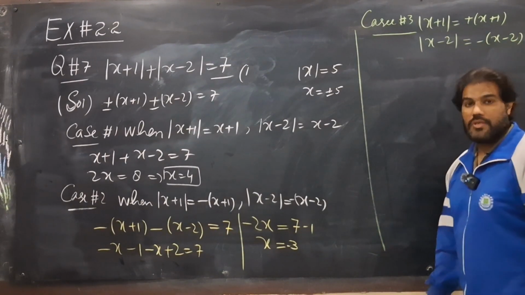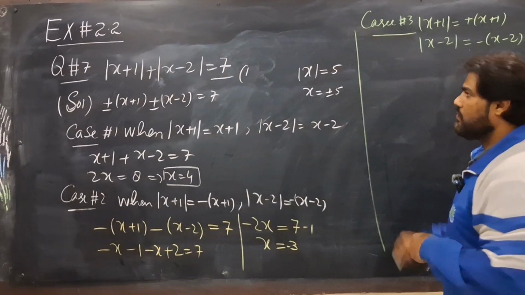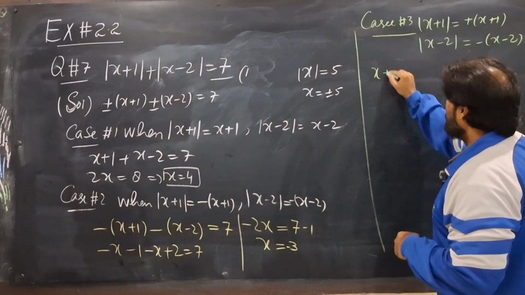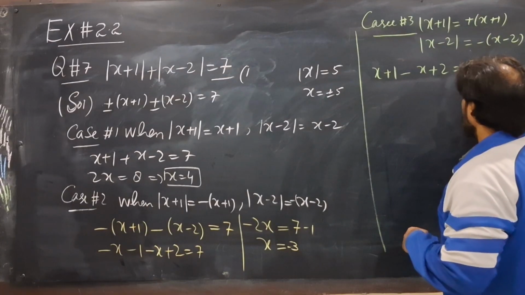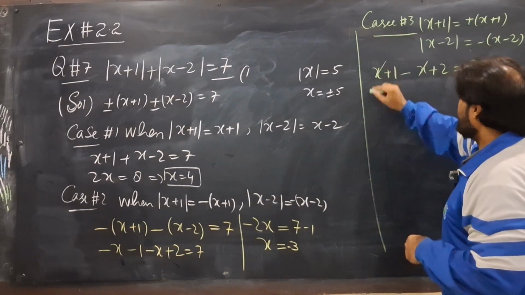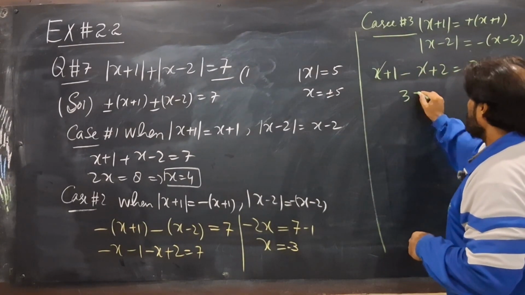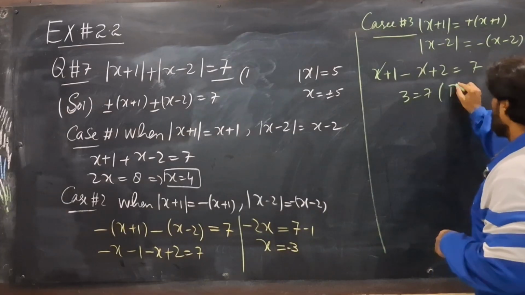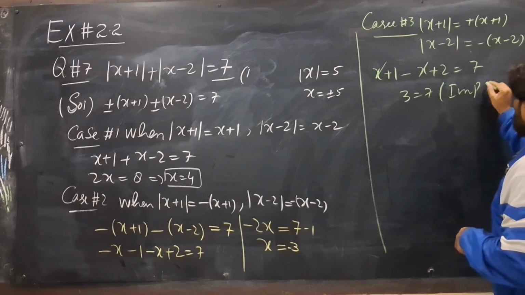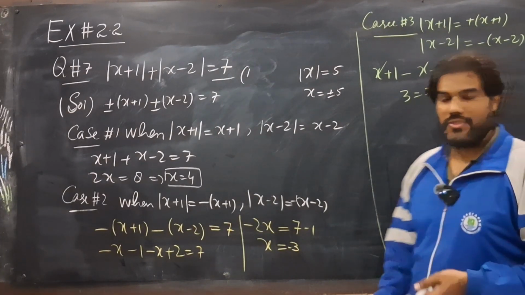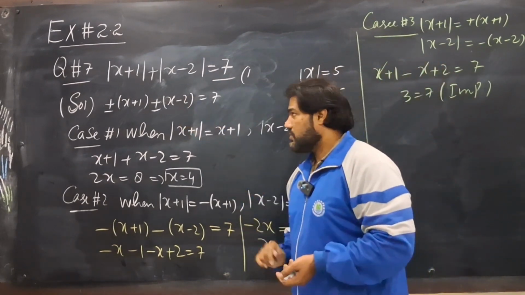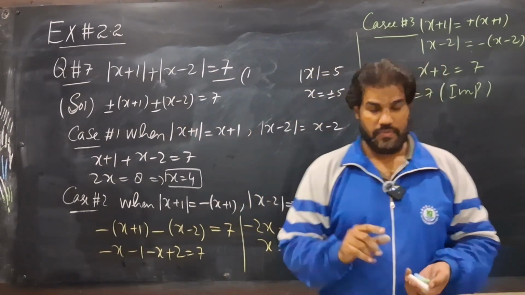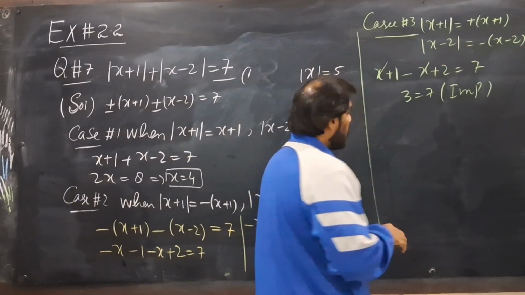So in this case, the given equation becomes x plus 1 minus x plus 2 equal to 7, x cancelled, this is 3 is equal to 7, impossible. So ignore this case. This is not possible.